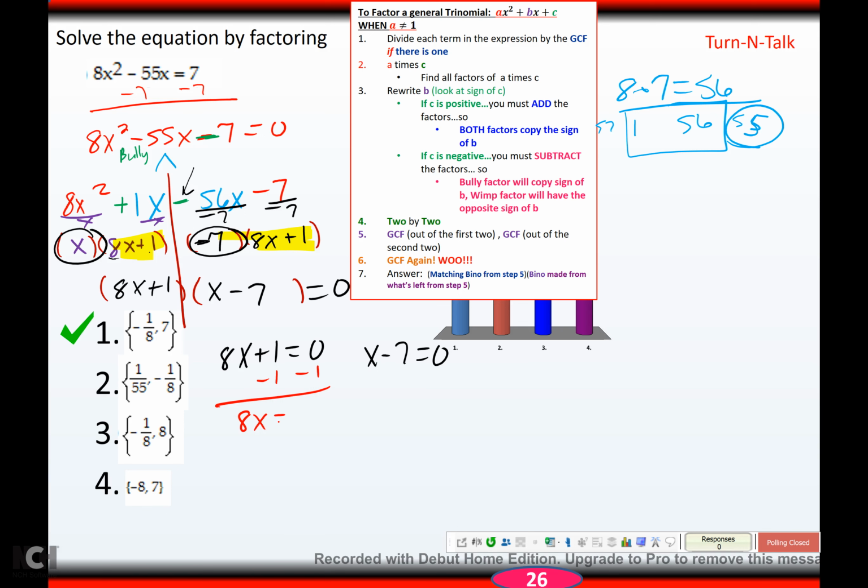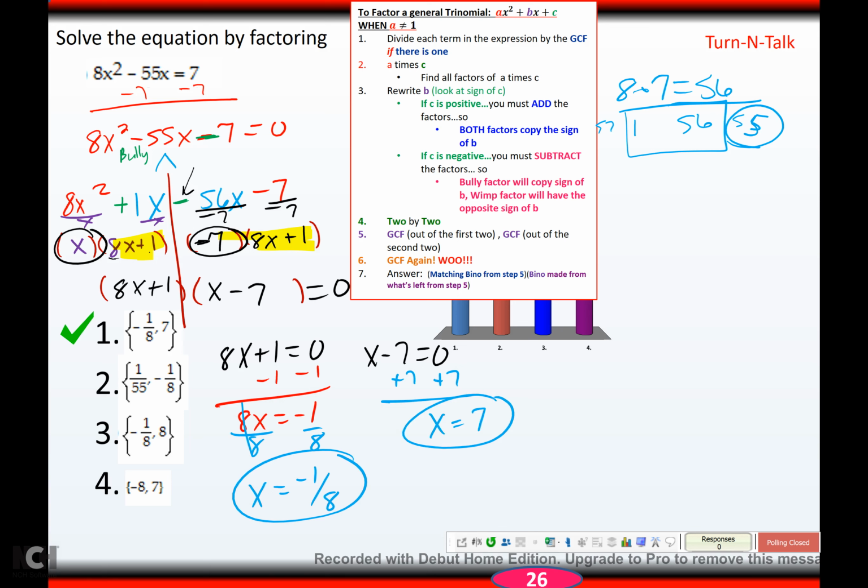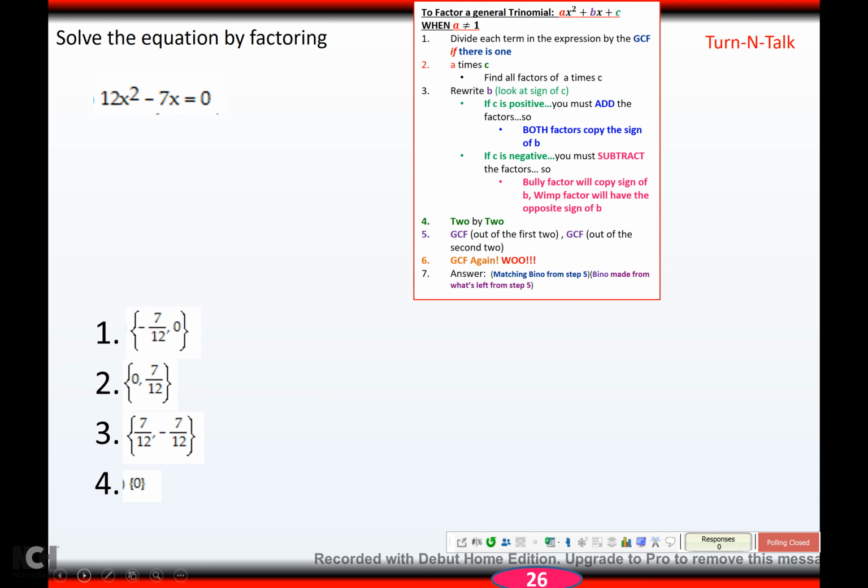I get 8x equals negative 1. Divide by 8. I get x equals negative 1/8. Solve this one, add 7, and I get x equals 7. So my two solutions are negative 1/8 and 7. Okay, try another one.